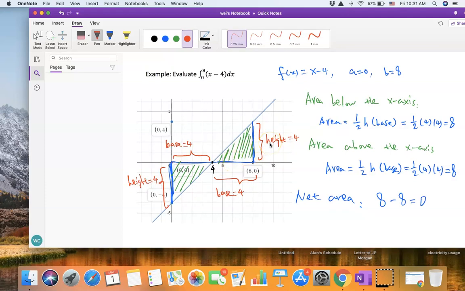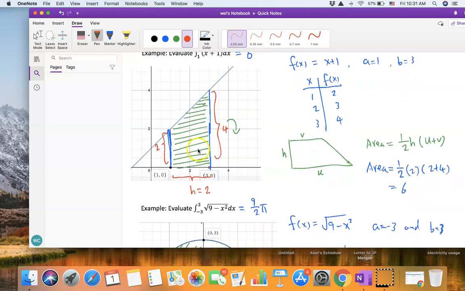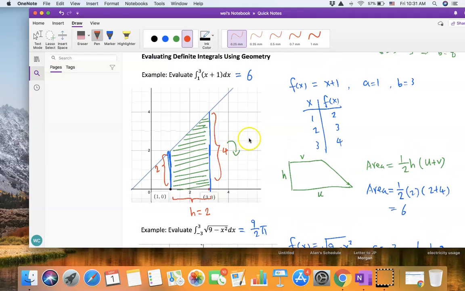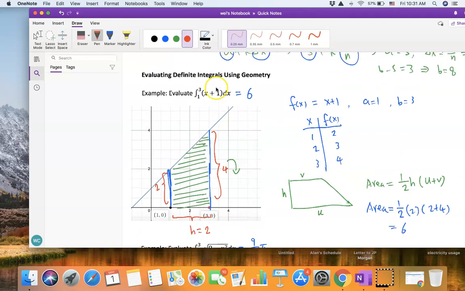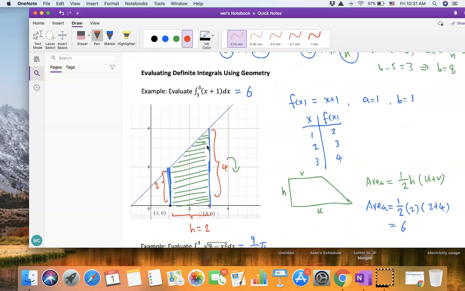So if the area of the region can be found by using a geometric formula, then we can use that formula to evaluate a definite integral. In that case, we don't have to use a Riemann sum.